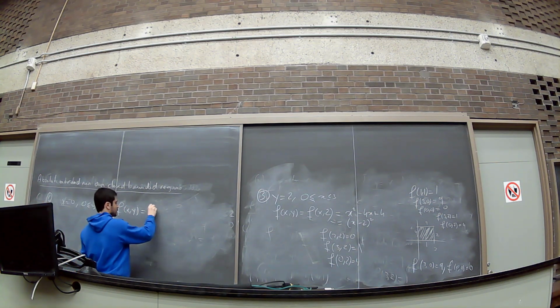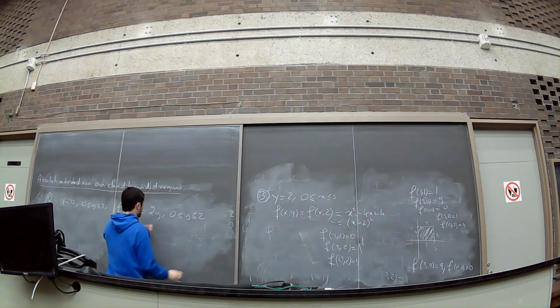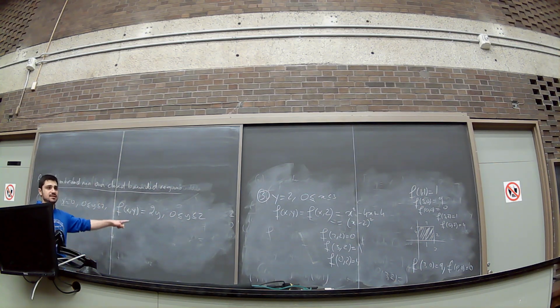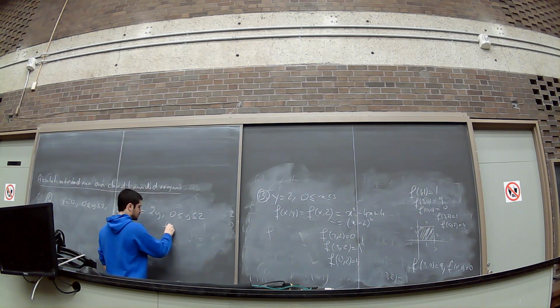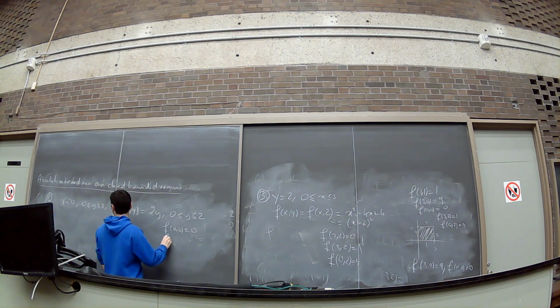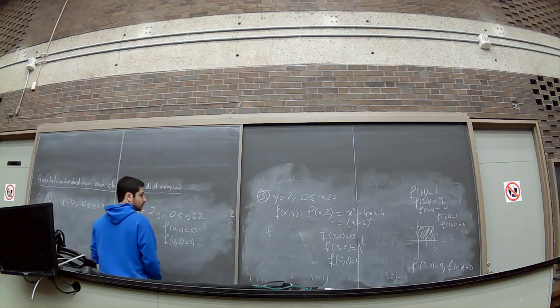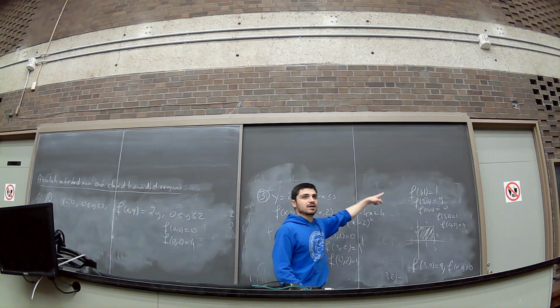What is that equal to? It's 2y, right? It's at (0,0) when y is equal to 0. And the maximum is when y is equal to 2. So it's f(0,2), which is 4. I have them already. I have all my points already.